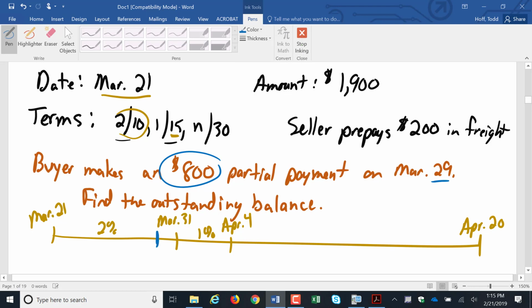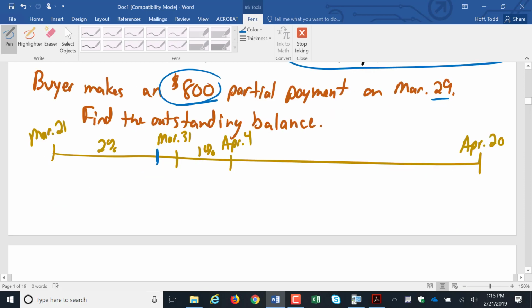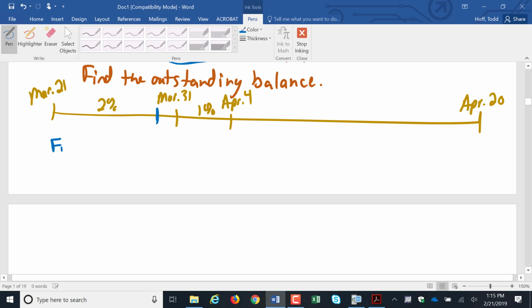It gets the 2% discount. However, we're not going to just take that 800 and divide by 0.98 like we did in the previous example, because this example has freight in it. Freight is always paid first because it's reimbursing an actual expense.